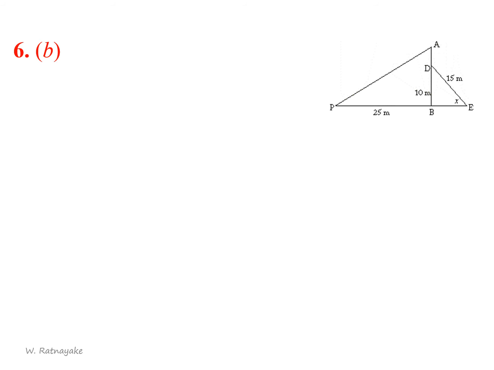So we can write the first equation as sine x equals 10 upon 15. 10 is the opposite side, 15 is the hypotenuse. So when you simplify it, we get 0.6667, if you round it off to 4 decimal places.